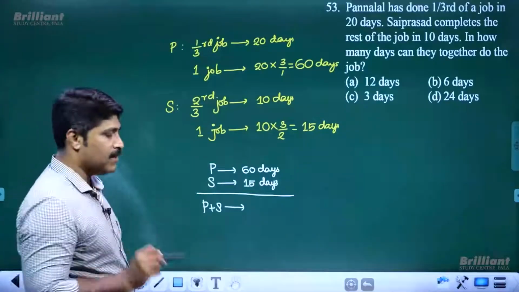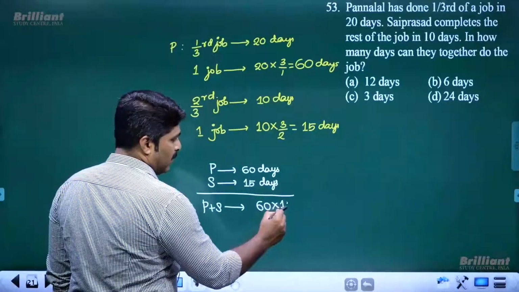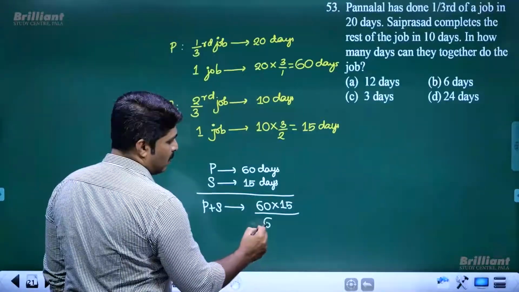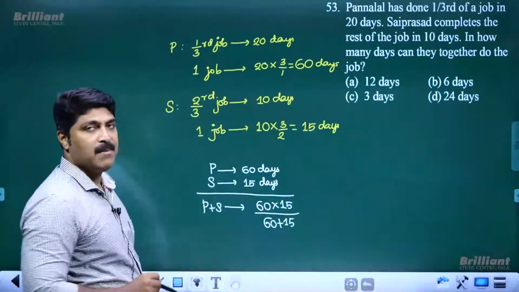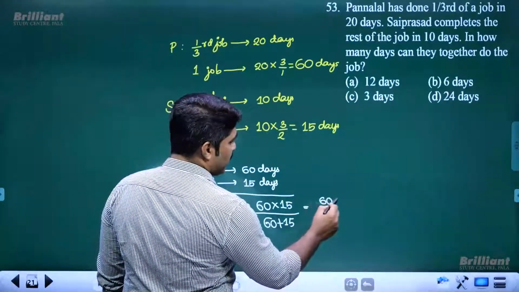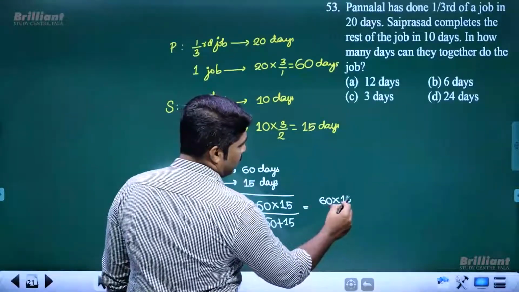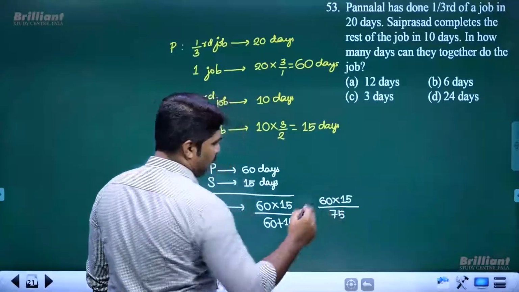That's the basic result: product of these two values divided by sum of these two values. Here you don't want to multiply them together because we are going to simplify it in the next step. Here 60 plus 15 is equal to 75.